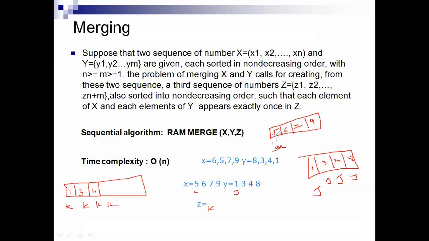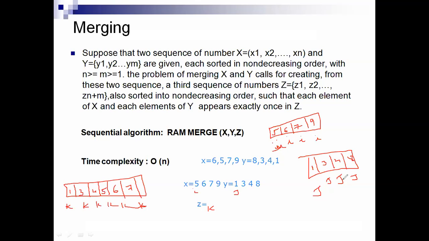So i is the least element. I store the i value 5 here, and k is incremented by 1, and i is incremented by 1, because I stored this value in k. The same way here, k is incremented by 1 and i is incremented by 1.